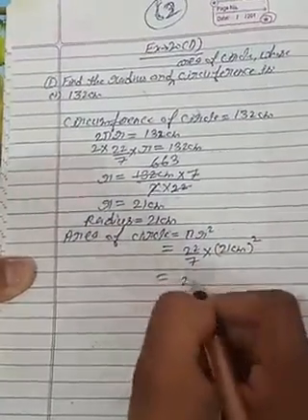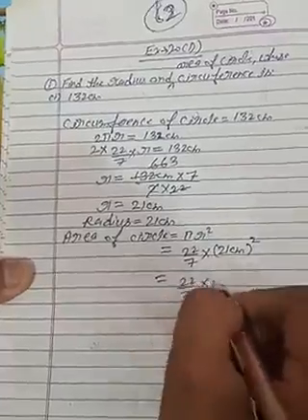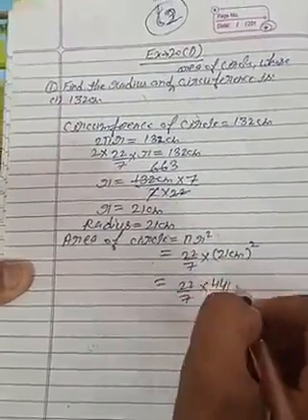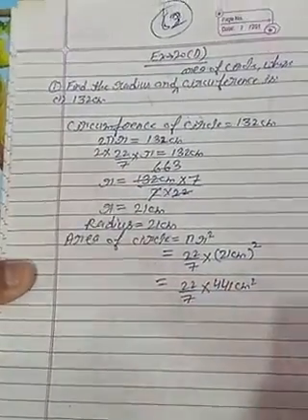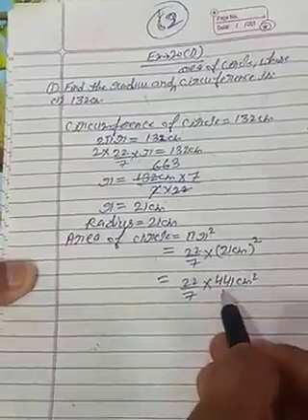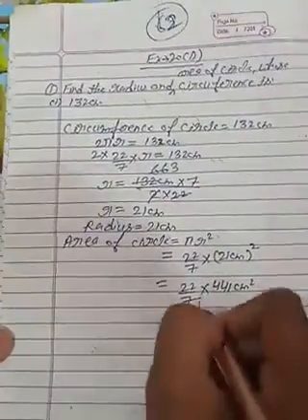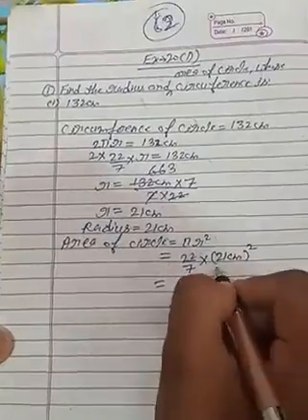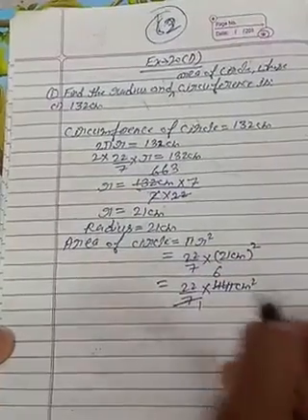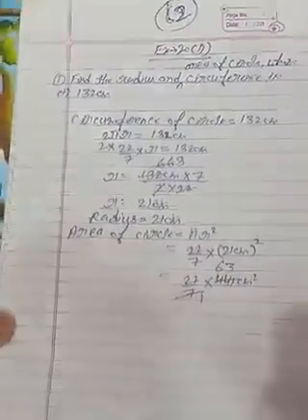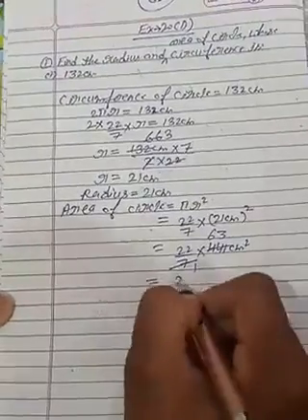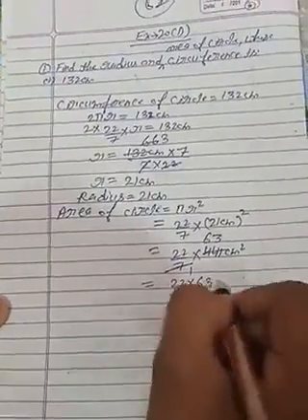So 22 upon 7 multiply 441 centimeter square. Square of 21 is 441. So 441 centimeter square. So 7 ones are 7, 7 sixes are 42, then 2 is the remainder, 7 threes are 21. So 22 multiply 63 centimeter square.